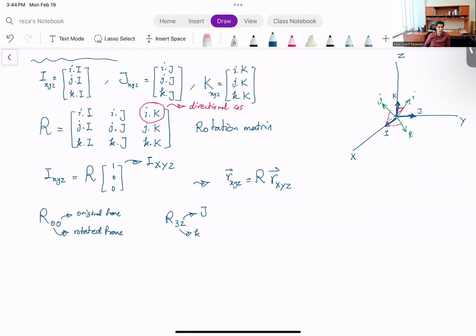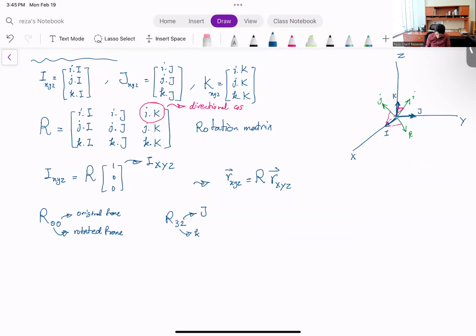And immediately you can see here that if I have two frames, one rotated relative to the other, I have one rotation matrix. The other way around, rotating the second frame back to the first frame, is actually the transpose of the matrix.